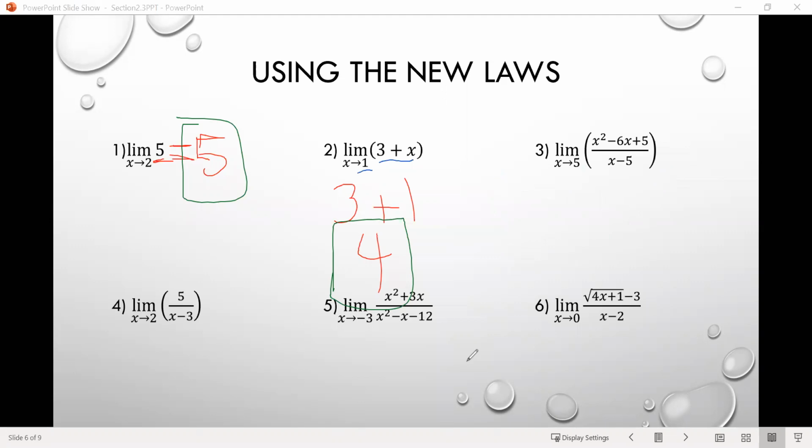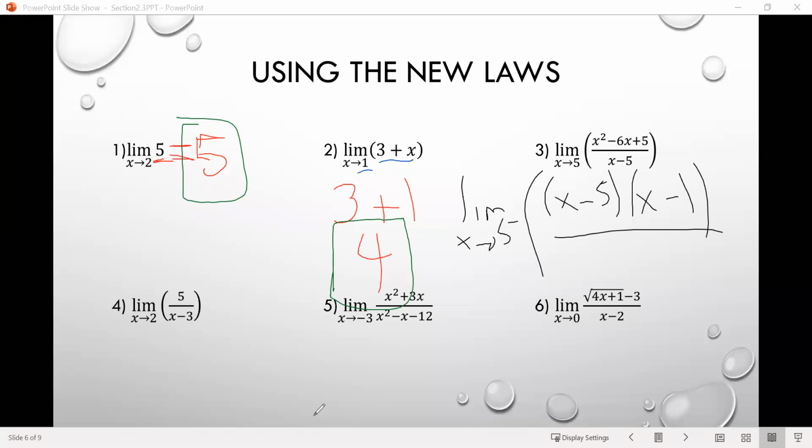So what do you suppose that approach might be? Oh, yeah, right. The top function can factor, right? So let's see what happens if we do that. So we make this now the limit, and we should include the x approaching 5, of that top thing, which if I factor it, I believe becomes x minus 5 times x minus 1, divided by, we still have the x minus 5 on the bottom.